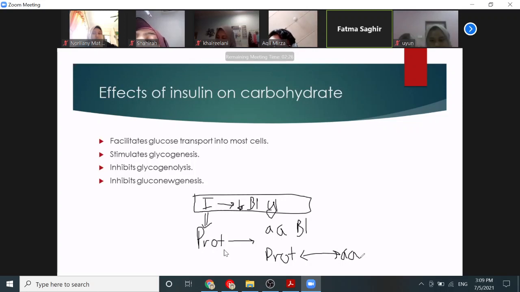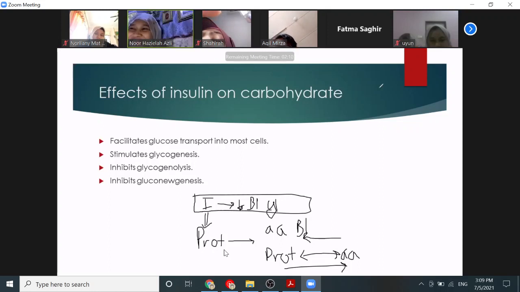Which way are we going? Is insulin working this way or this way? To the left. Yes. Amino acid to protein.